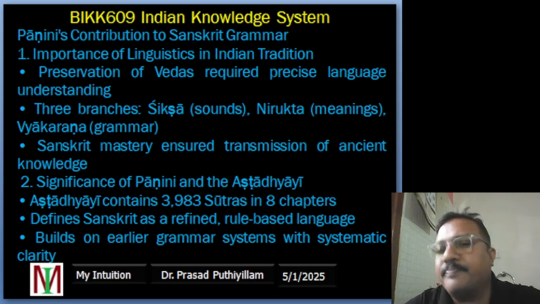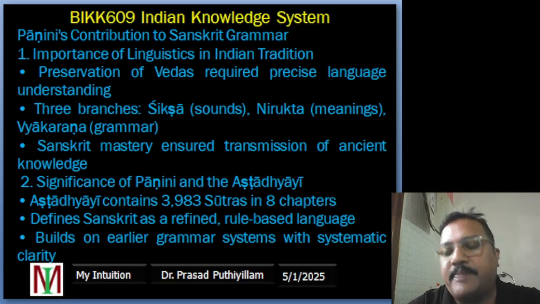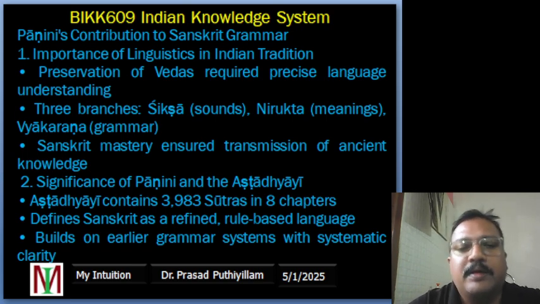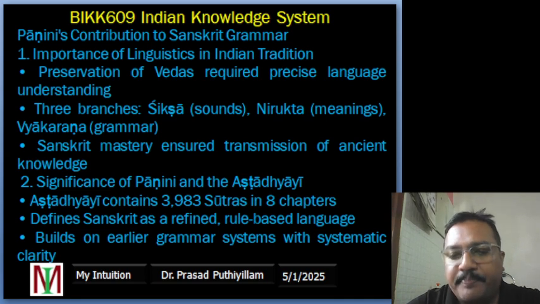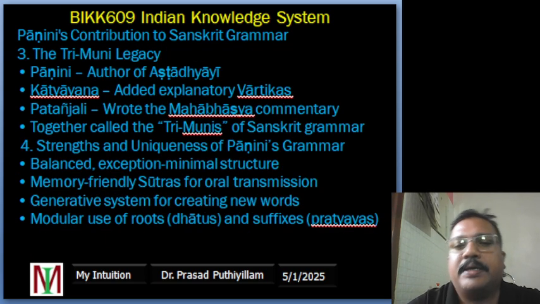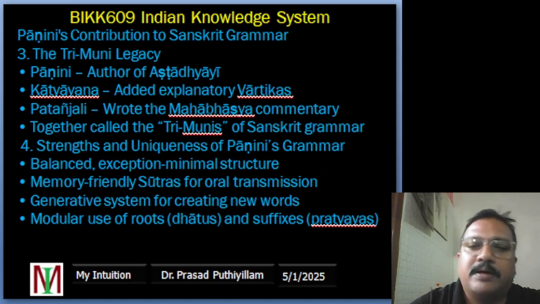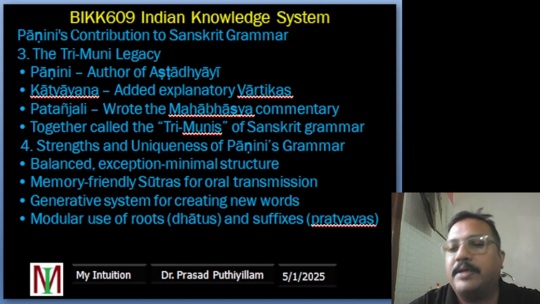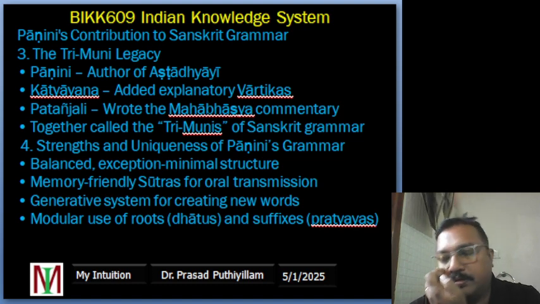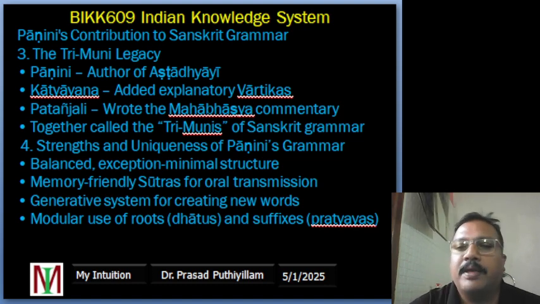Even today, Panini's work is studied by language experts, computer scientists, and students all over the world. Not only Panini, it is called the Trimuni legacy. Panini was not alone in this grammatical work.